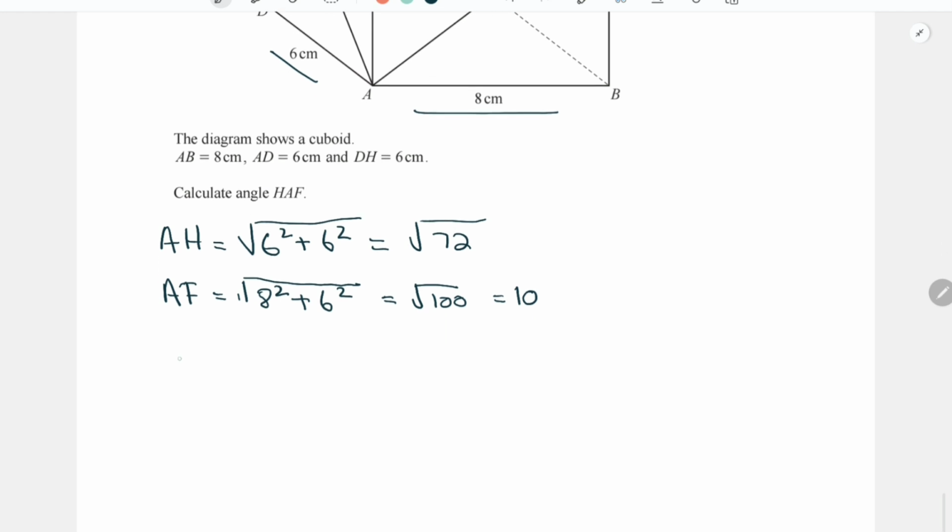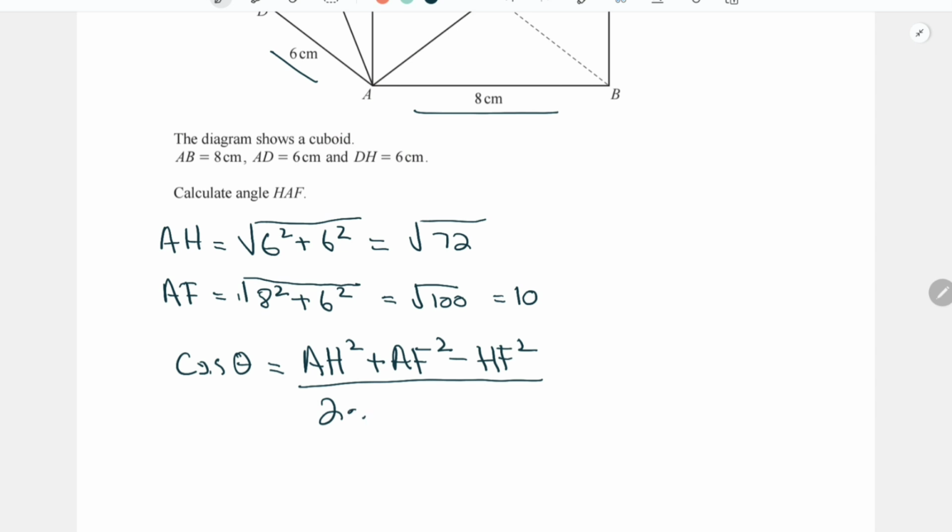Now we use the cosine rule. So cos theta equals AH square plus AF square minus HF square over 2 times AH times AF, right? Now we substitute values.